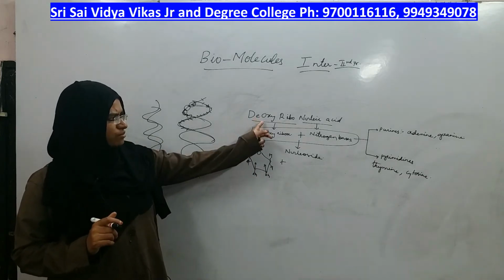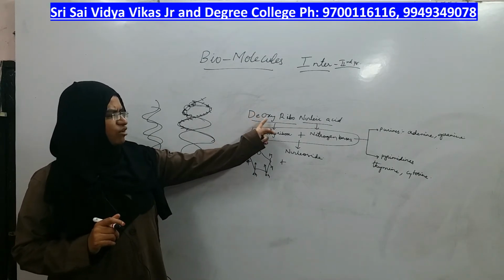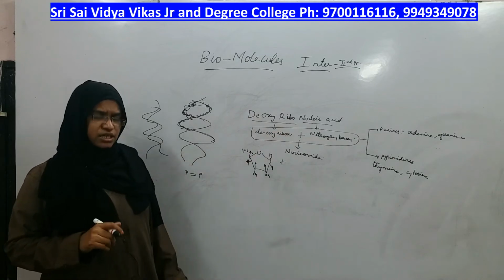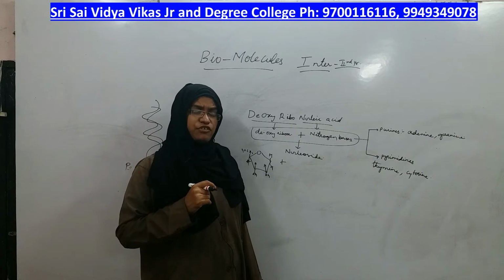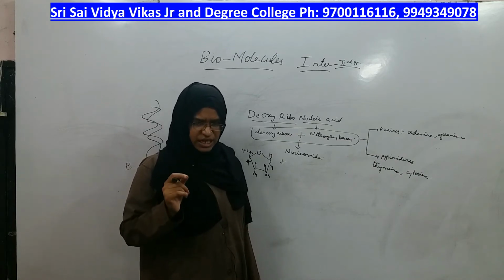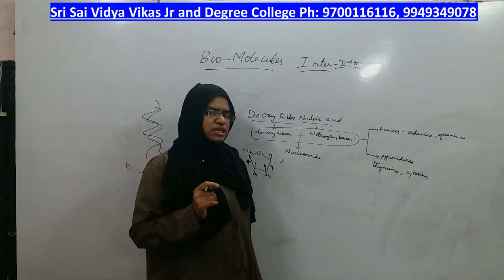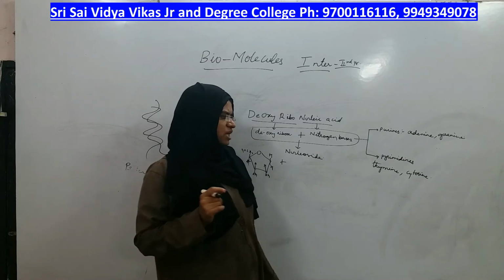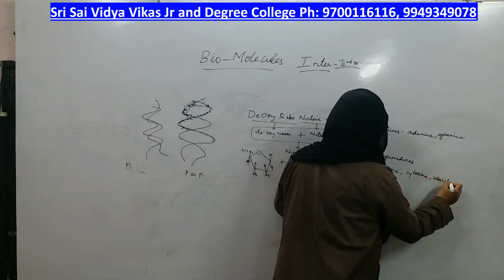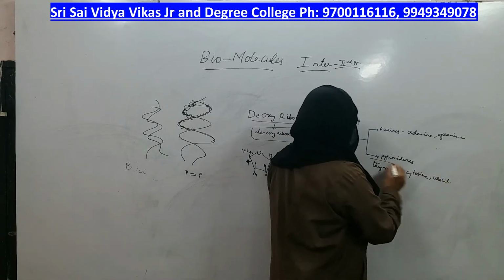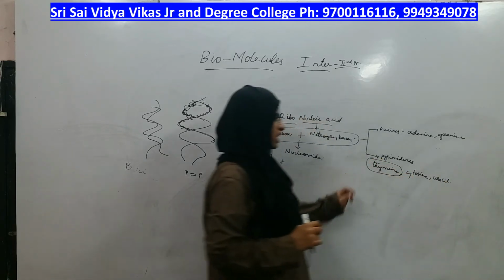I am discussing which nucleic acid? Deoxyribonucleic acid. Instead of deoxyribonucleic acid, if I take ribonucleic acid, in ribonucleic acid the two pyrimidines are not thymine and cytosine but cytosine and uracil.